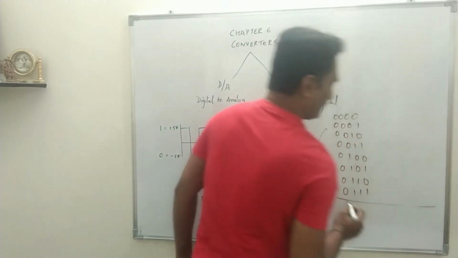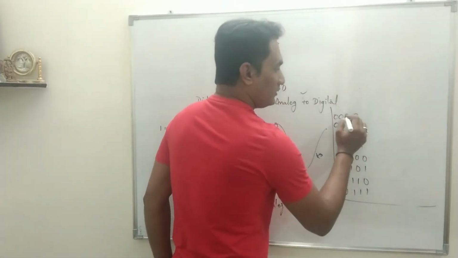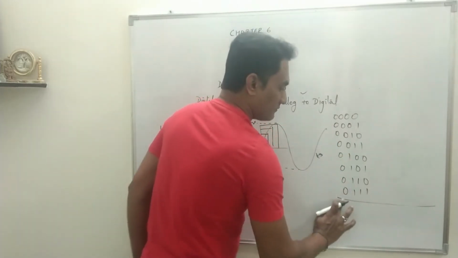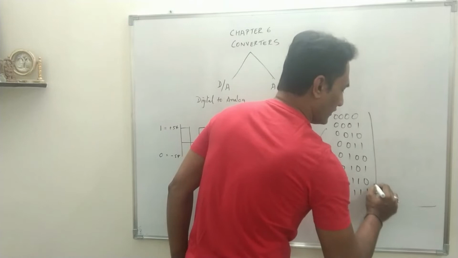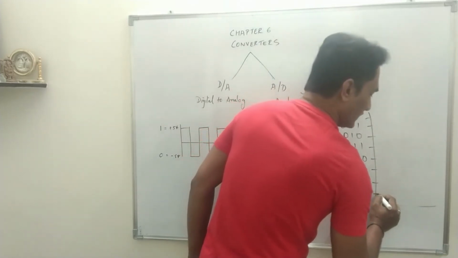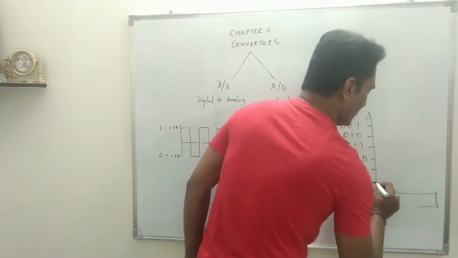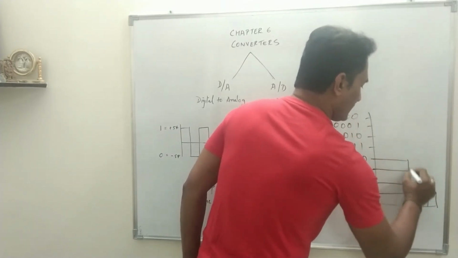So if I take these values on the x-axis, corresponding to each of these binary values, there will be a corresponding voltage level: 1, 2, 3, 4, 5, 6, 7, 8.